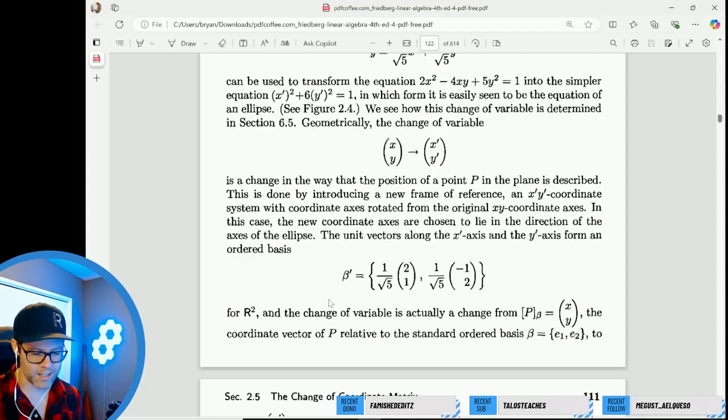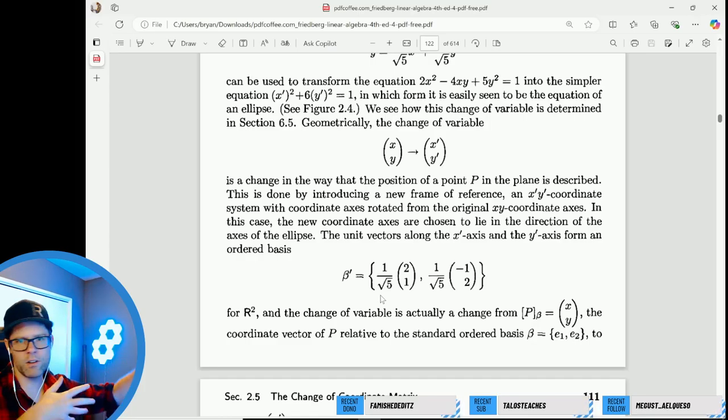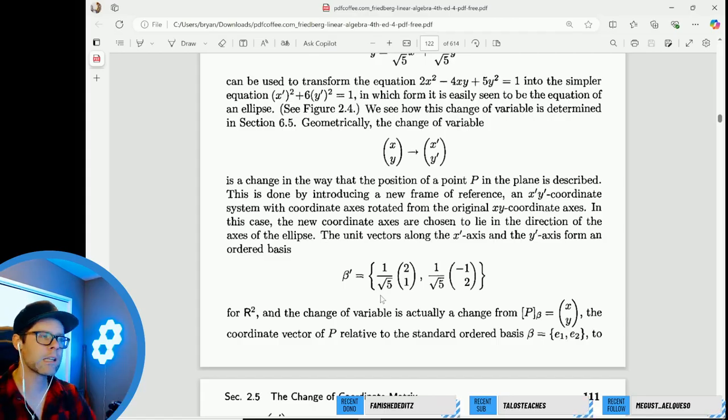And they go into this discussion about how in linear algebra we talk about bases a lot, because bases tend to give us a lot of the characteristics that we want for the vector spaces we're working with. So a natural question arises: are there specific bases that are easier to work with or easier to manipulate?